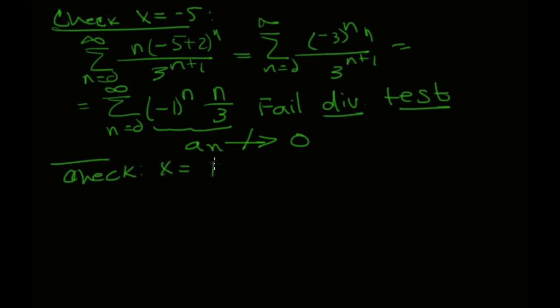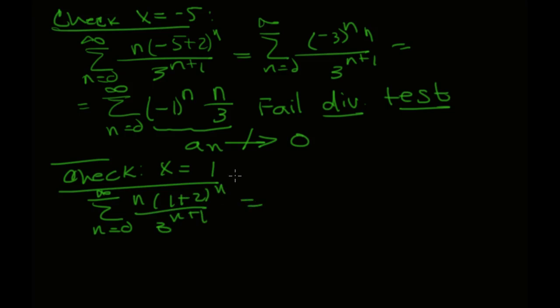Okay, so let's check x equals 1 on the other end. If I check x equals 1, I get the sum from n equals 0 to infinity of n times (1 plus 2) to the n over 3 to the n plus 1. So this is going to give me 3 to the n times n over 3 to the n plus 1.